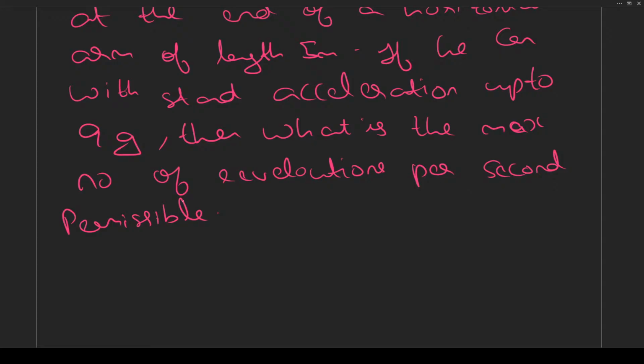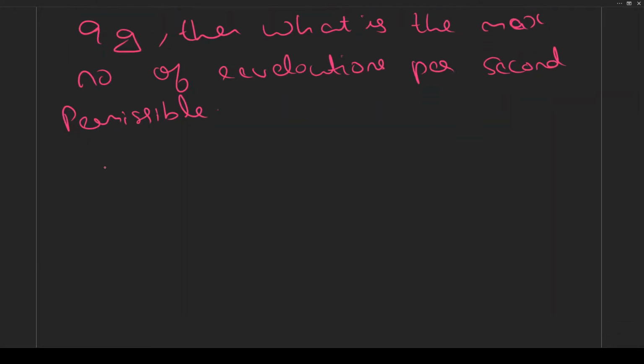They're saying that a spaceman during training period is rotated in a seat at the end of a horizontal arm of length 5 meter. He can withstand acceleration up to 9g, then what is the maximum number of revolutions per second? They gave a radius equal to 5 meter, and centripetal acceleration is equal to 9g.